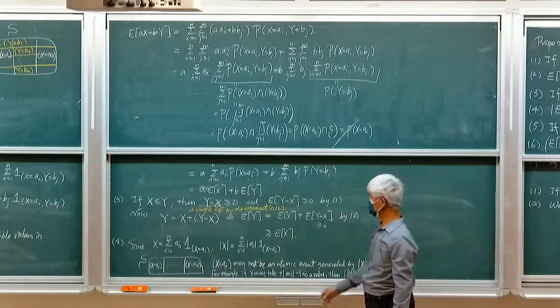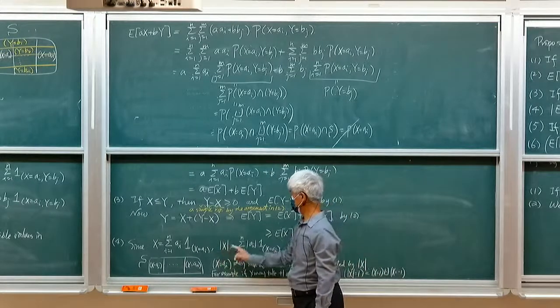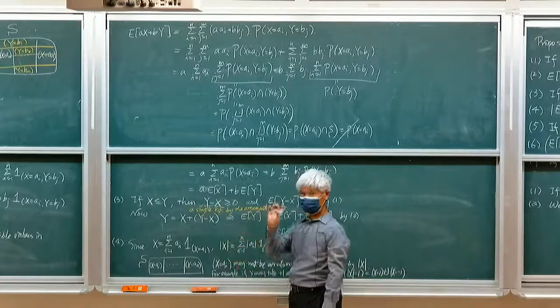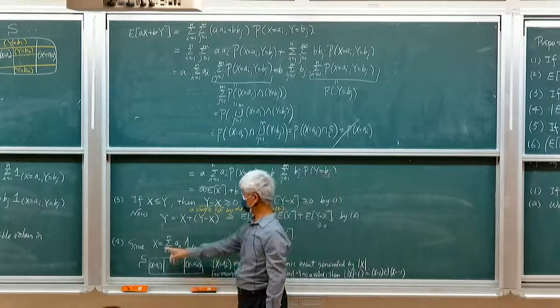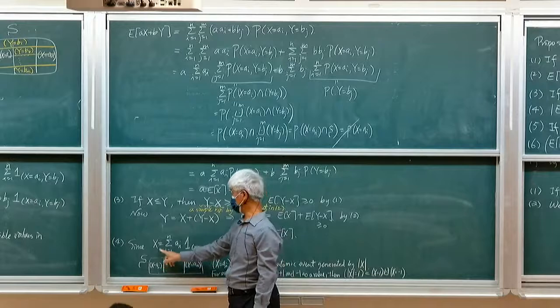So the number of atomic events generated by the absolute value of x may be smaller than the number of atomic events generated by x.